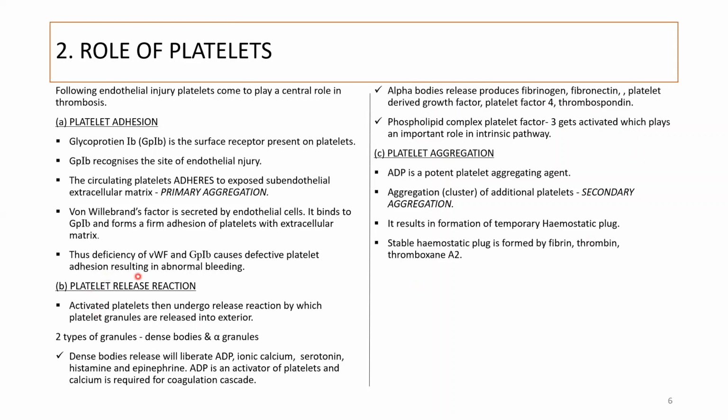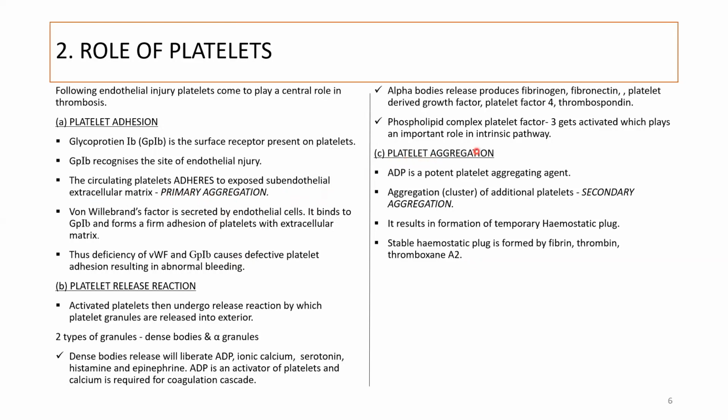And the third step is platelet aggregation. ADP is a potent platelet aggregating agent, and we already discussed that it is an activator of platelets. Next, there is aggregation of additional platelets. In the first step, platelet adhesion, the platelets adhere to the subendothelial extracellular matrix, which is the primary aggregation.